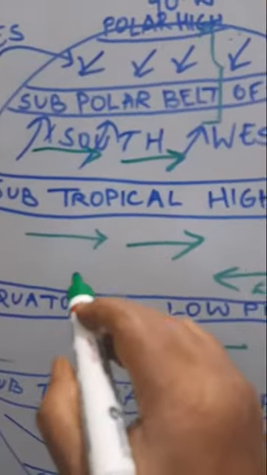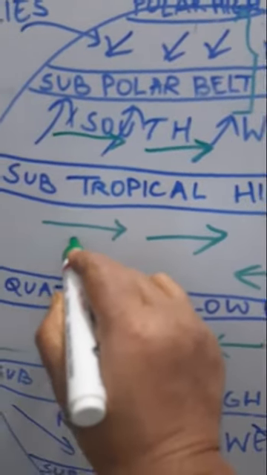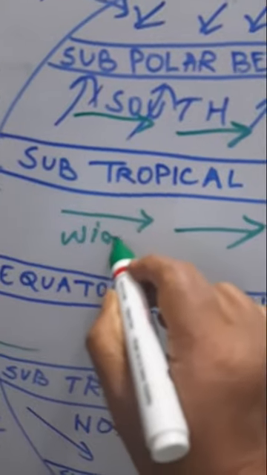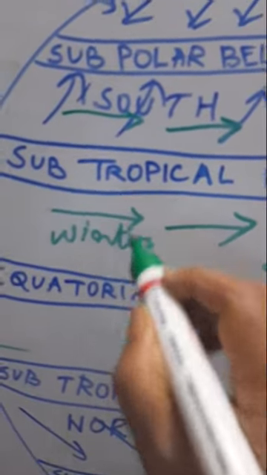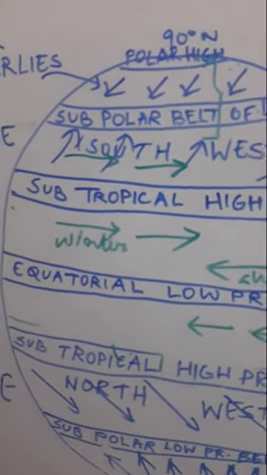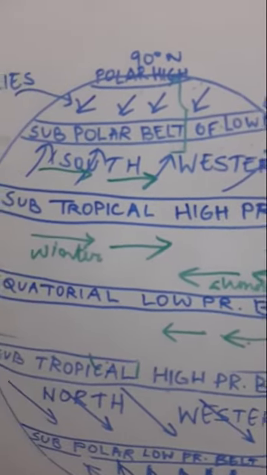Whereas this jet stream influences us during the winter months. They are not active during the summer months. They will be positioned to the north of India.